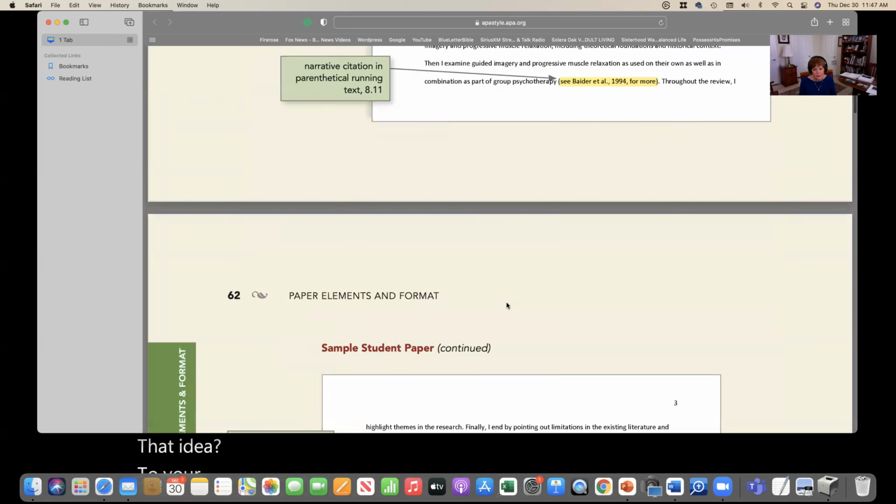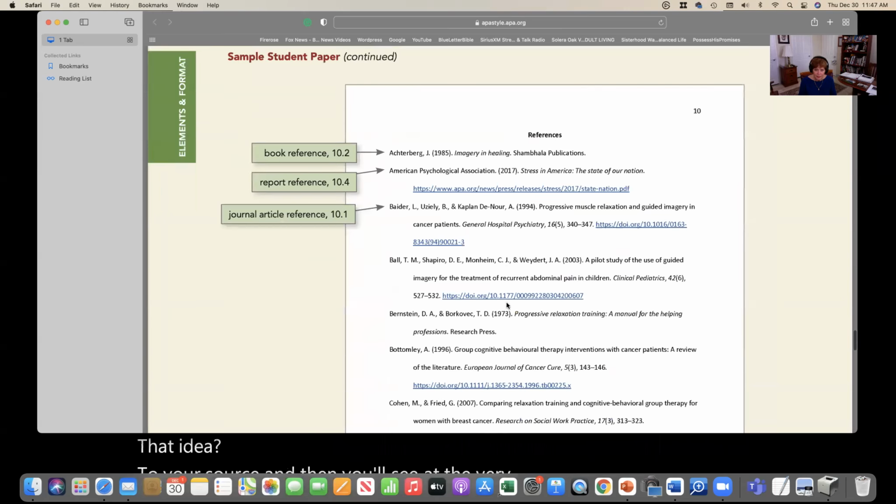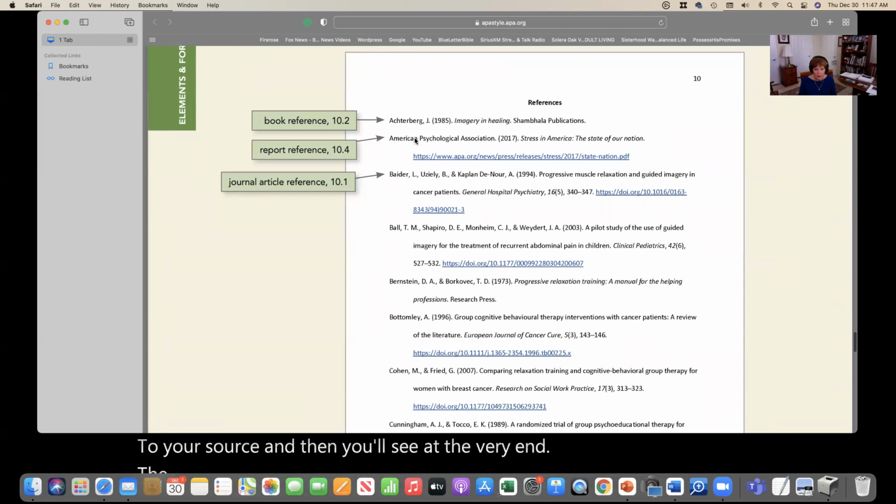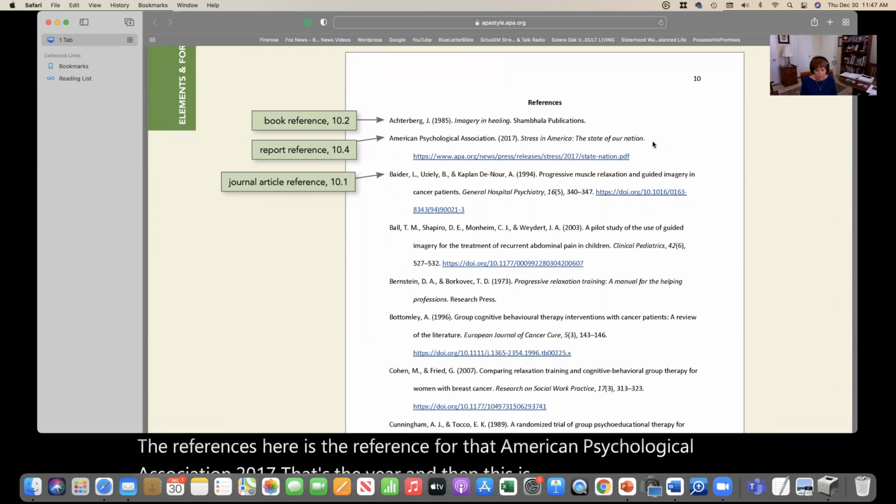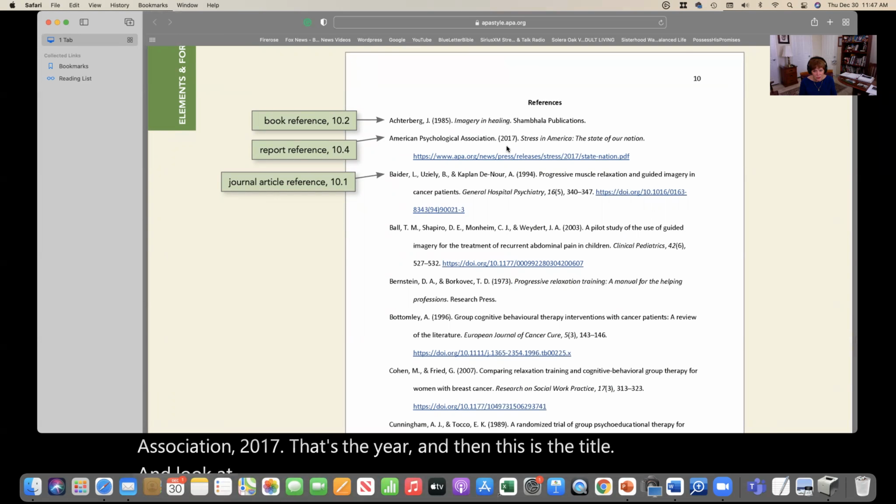And then you'll see at the very end, the references. Here is the reference for that. American Psychological Association, 2017, that's the year. And then this is the title. And look at the title. It's Stress, capitalized S, Stress in America, colon.